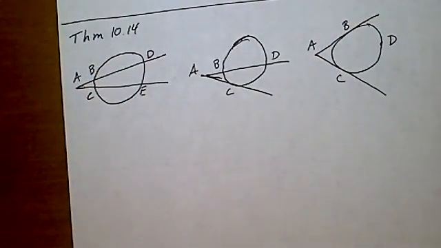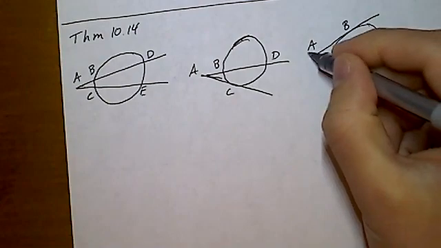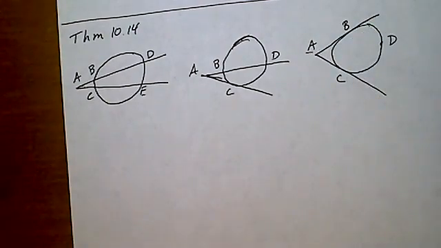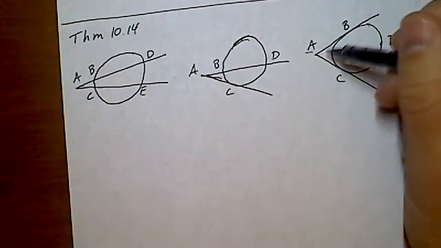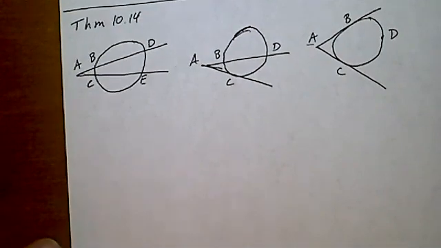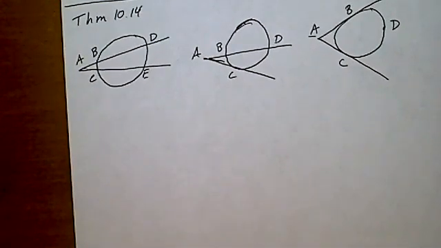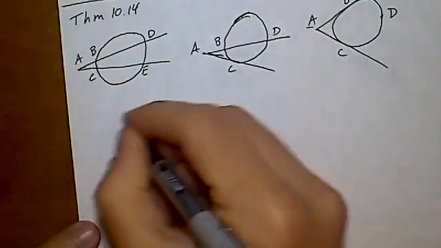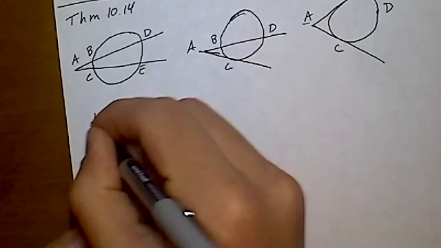All right, when secants or tangents intersect outside of the circle, to find the measure of angle A, what we are going to do is take 1/2, this is going to be the general for it.